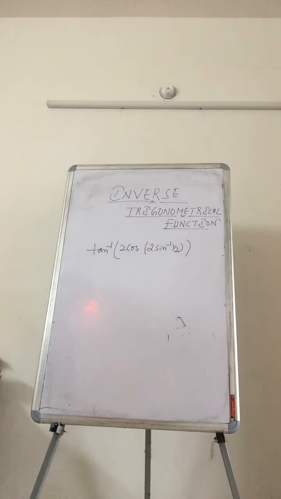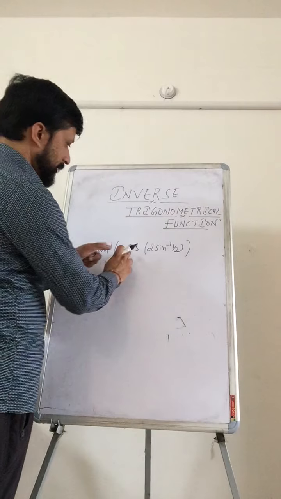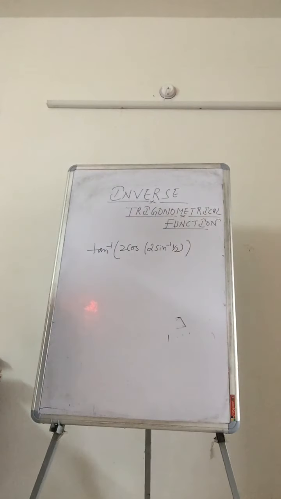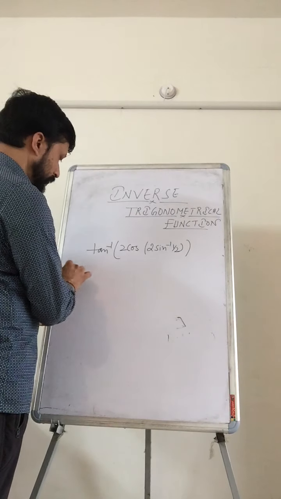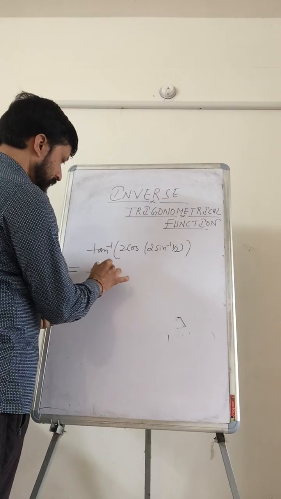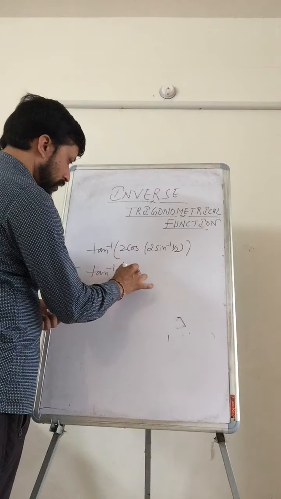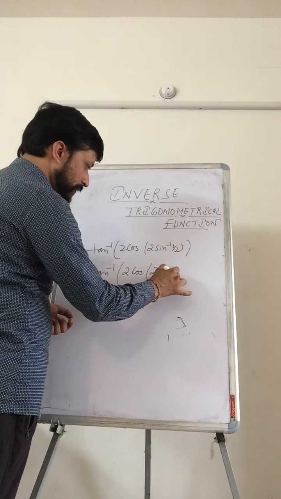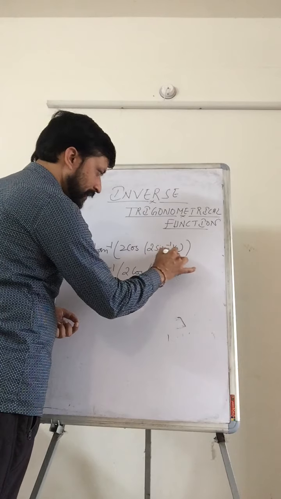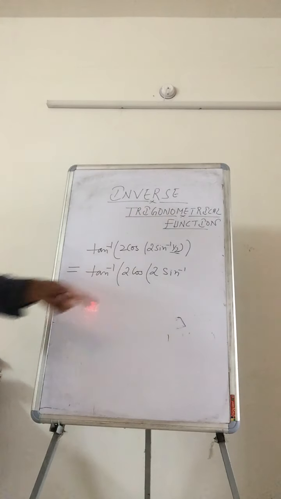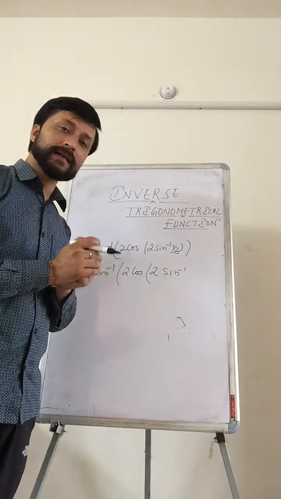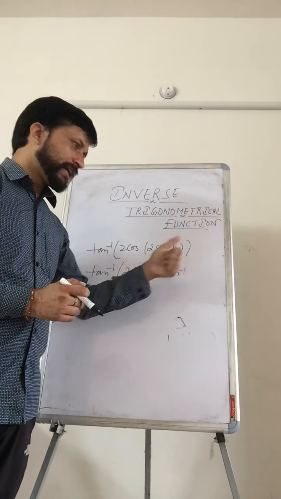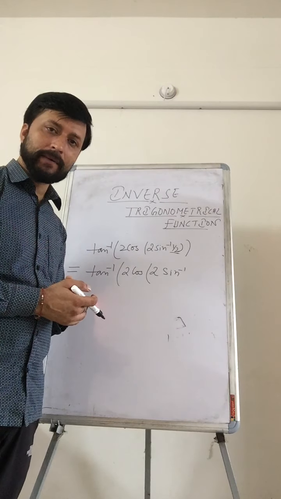This is a multi-step question, because here it is tan inverse of 2 cos, and like this it is given. How will we find it? We will move stepwise. Tan inverse, 2 is there. Now we will think about this angle first. This is half, and you know that for sine 30 degrees the value is 1 by 2, but in terms of radians it is pi by 6.